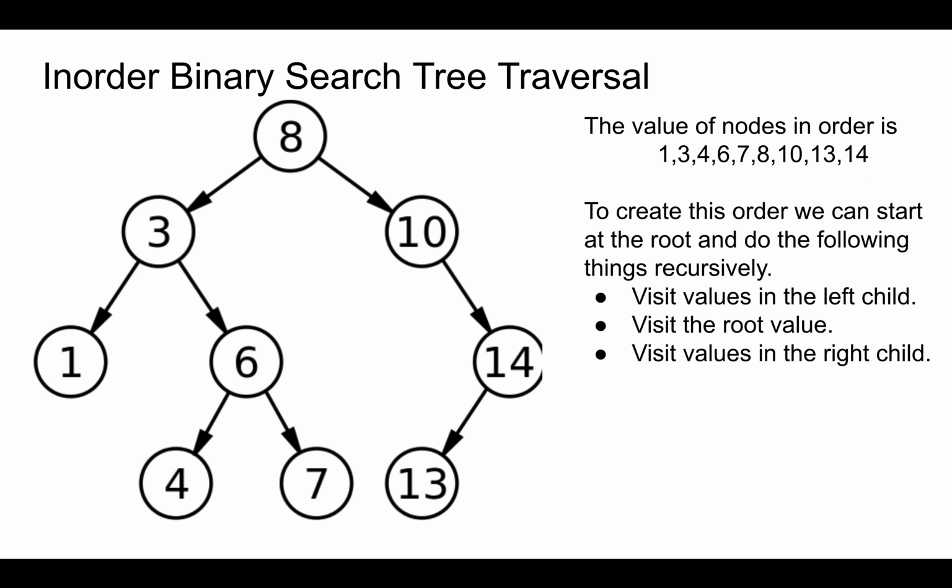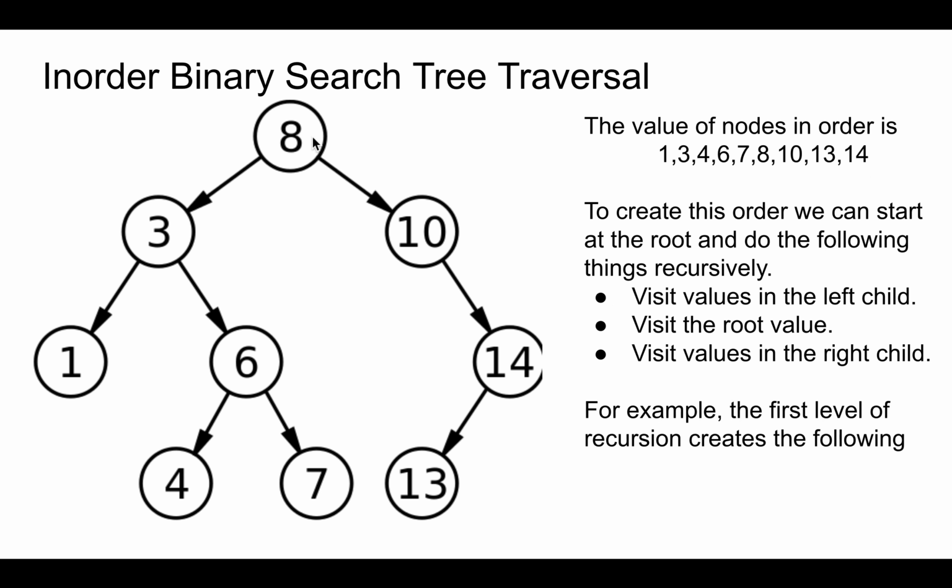We are going to start at the root and visit values in the left child until there are no more left children to visit. So we start at 8 and look down at the left child, look down at the left child. Now we're visiting this value because there were no more left children to consider. Then we visit its root. Then we visit the values in the right child.